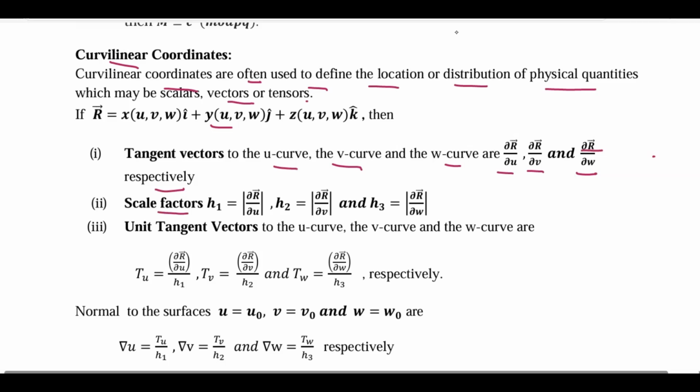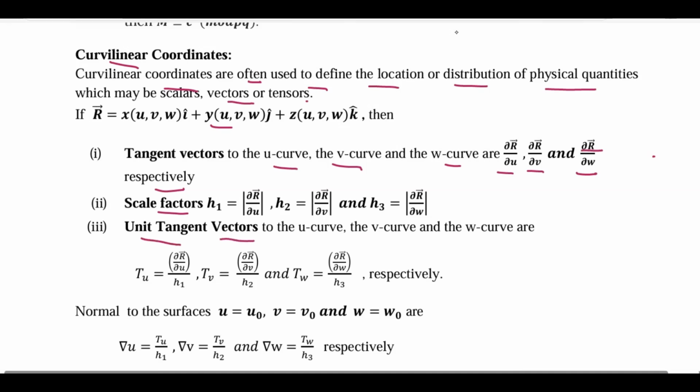Scalar factors: h1 is the modulus of ∂r/∂u, h2 is the modulus of ∂r/∂v, and h3 is the modulus of ∂r/∂w.